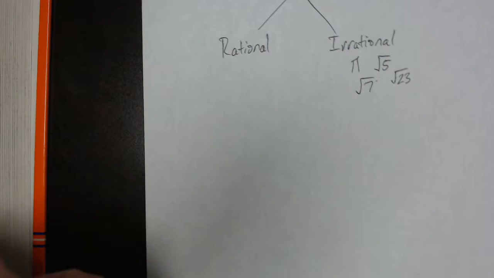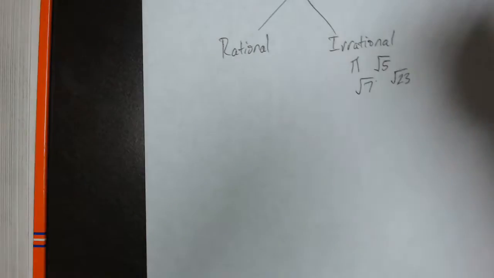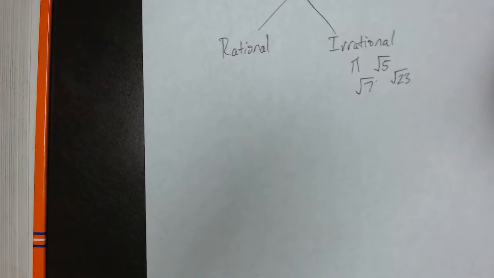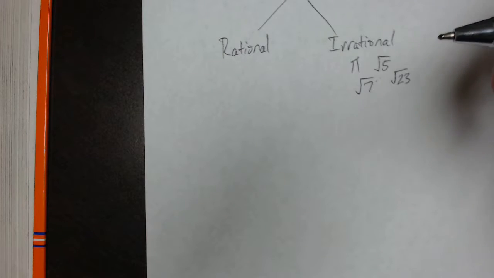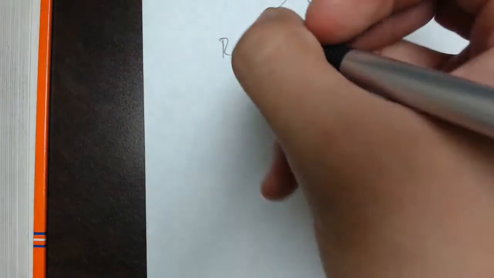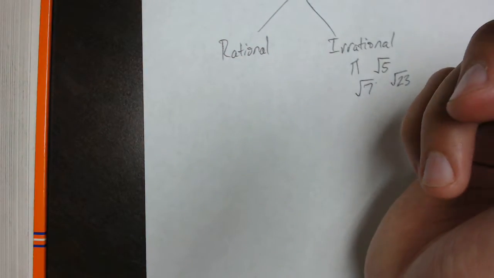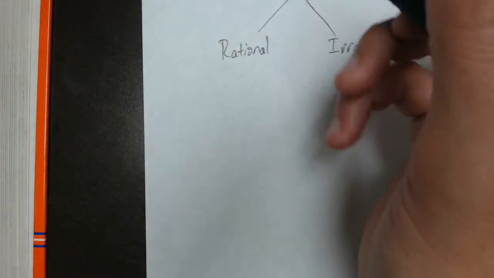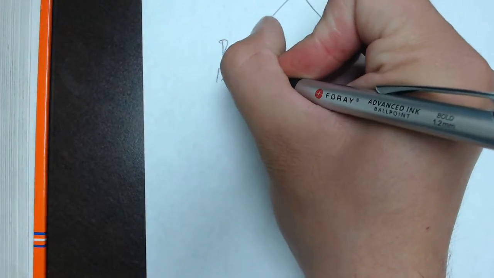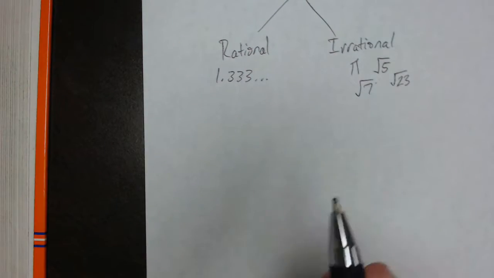Now let's go to rational numbers. The basic rule of thumb is a rational number is any number that can be represented as a fraction with whole numbers. So that includes positives, negatives, and repeating decimal numbers. Like 1.333, that is rational.